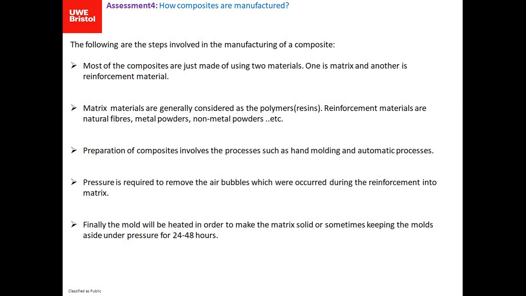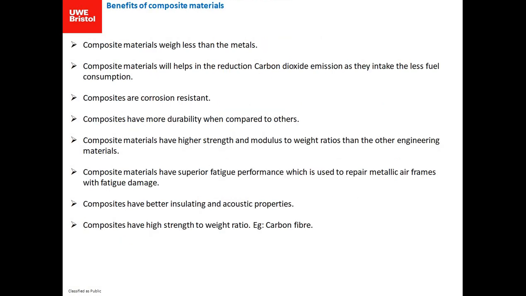Whenever we mix a liquid with a solid, air bubbles form. If air bubbles are there, the strength of the composite will decrease. So in order to remove those air bubbles, pressure is applied, and it becomes a good reinforcement.